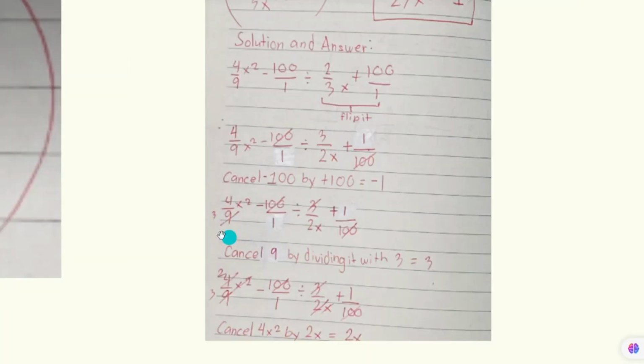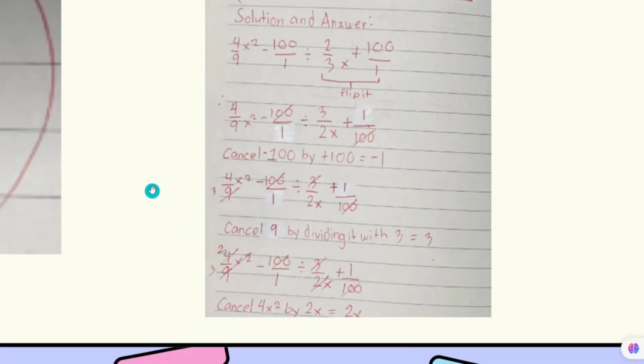So here, 4 over 9 cancelled with 9, x squared minus 100 cancel 100, it's going to be negative 1, and divided by 3 cancel 2x plus 100 plus 1 cancel 100.